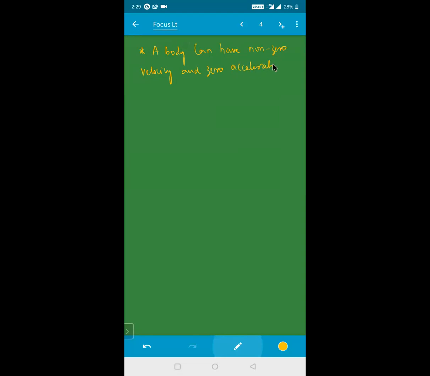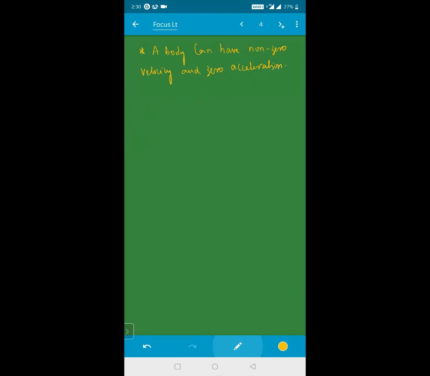Is it possible? Can anyone think and tell me the answer? The velocity will not be zero, but the acceleration will be zero. Example: a body moving with uniform velocity. For uniform velocity, the change in velocity is zero, so the acceleration is zero, but the body still has velocity. Is it clear for everyone?